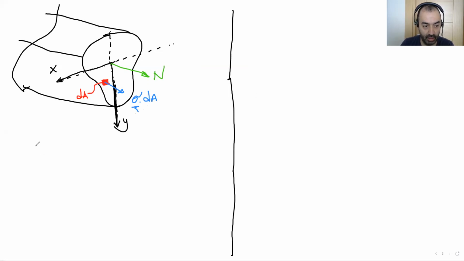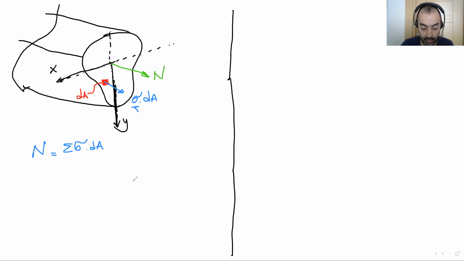So we can write the equation: the axial force is the total of stress times dA. For each small portion, we calculate sigma times dA, and at the end, if we sum all these numbers, we can get the axial force here.